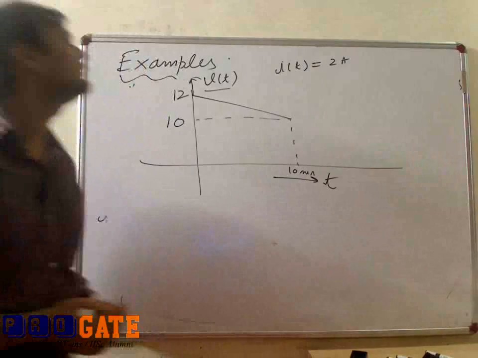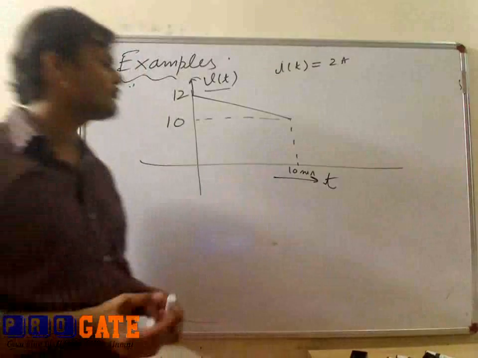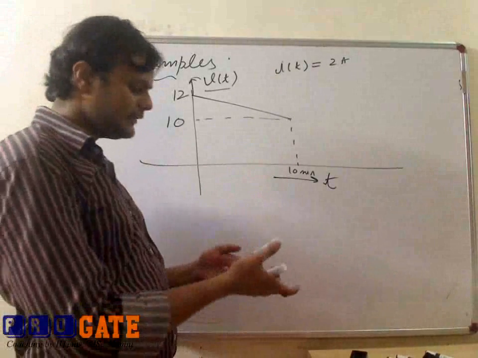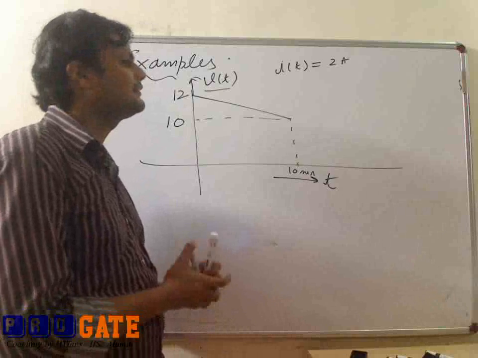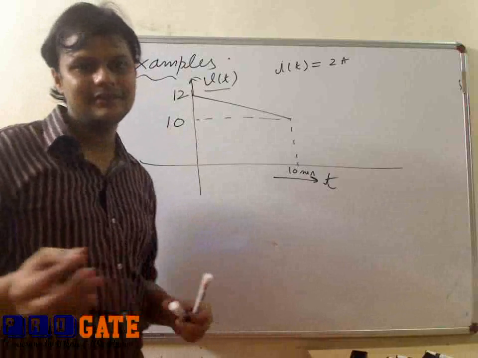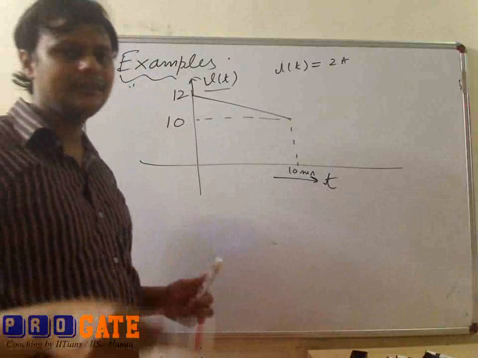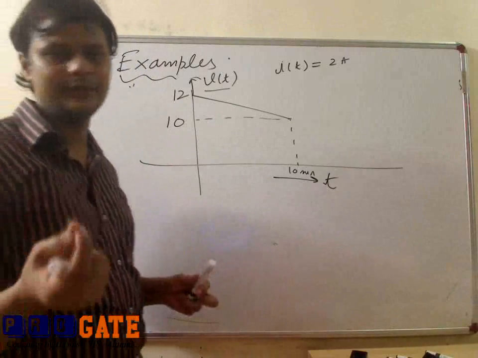So again, it is very simple. You can find the instantaneous power. What is instantaneous power? Power is also changing according to the time. So at any instant there will be a different value of the power.